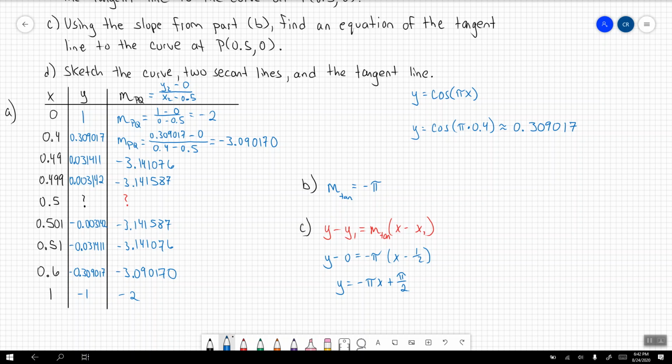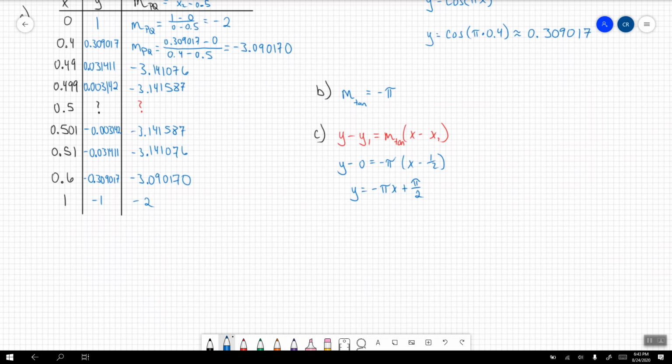Now, when we're asked to find the equation of the tangent line of a function at a given point, we don't need two different points. We just need one point, and we need to know what function we're working with. That's all. That in itself is very, very impressive. So, take that in. It's a lot.